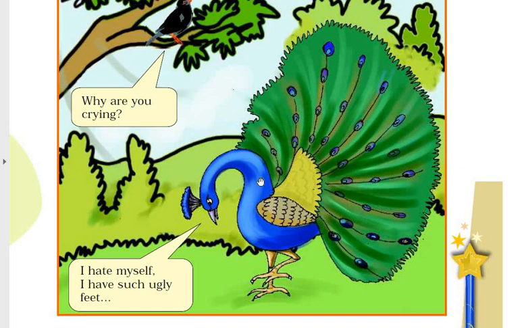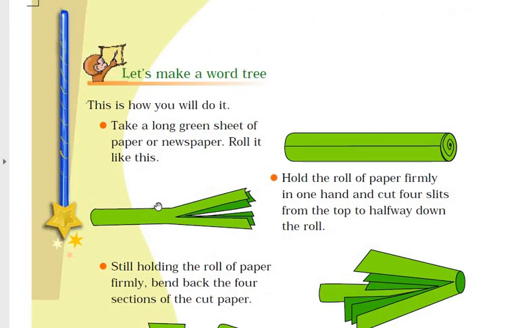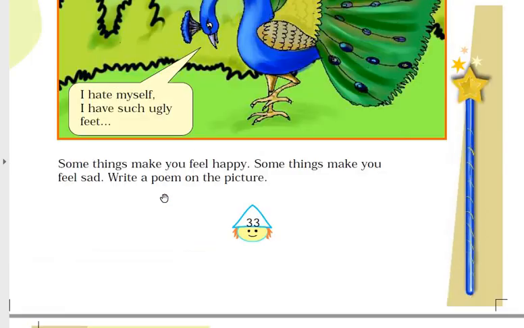But we should not start hating ourselves just because we have something that we cannot do with. This is God given thing, and we should not hate something that is given to us by God. Okay, so with this I think we are done with our lesson.